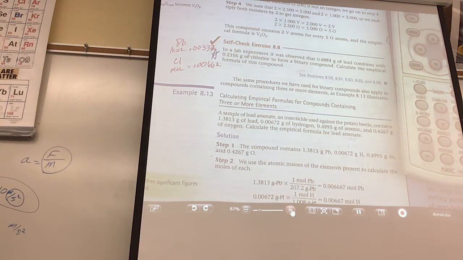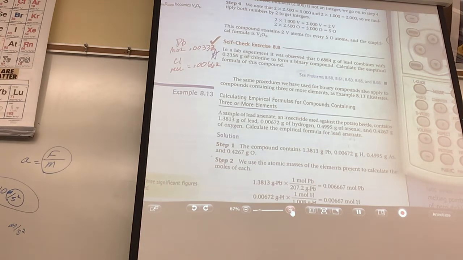I'm working for speed, okay? We're going a little speed here. Remember, there's 2 kinds of lead chloride. There's lead(II) chloride and lead(IV) chloride.